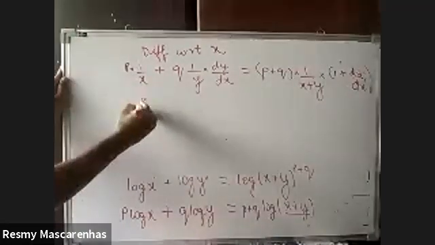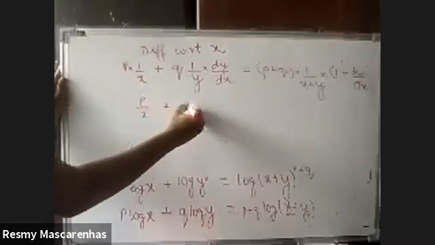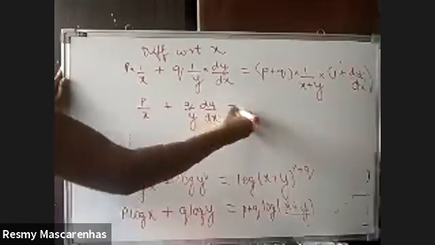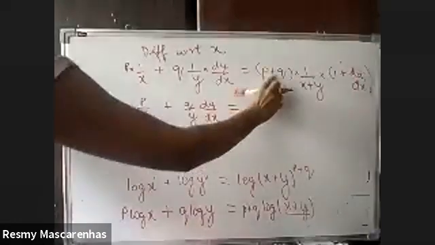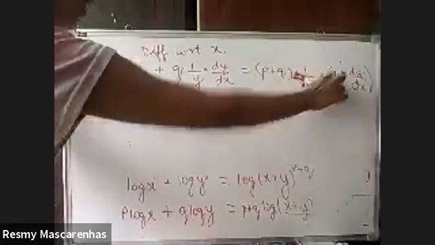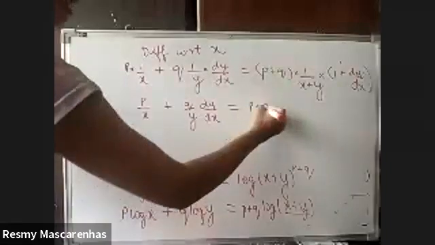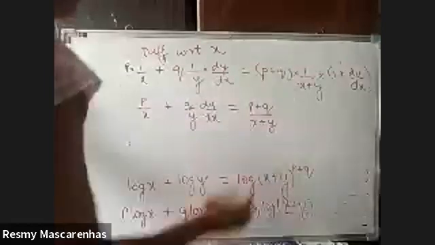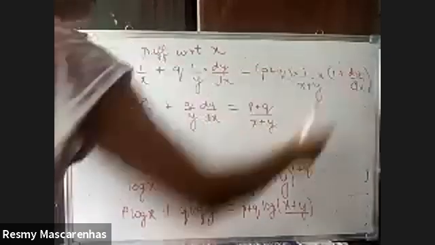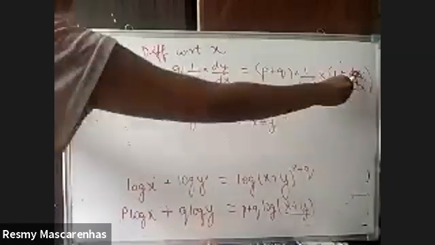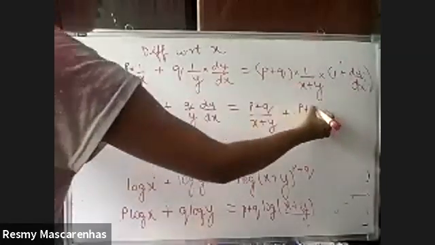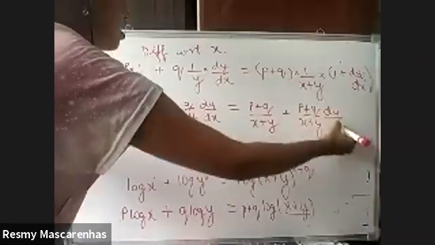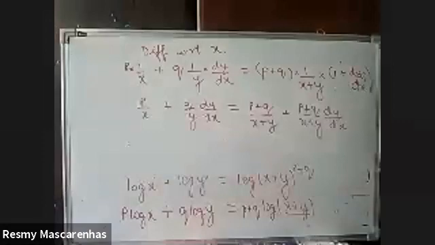So this is p upon x plus q upon y dy by dx is equal to p plus q times 1 upon x plus y. Same way this term will get multiplied to the dy by dx term also. There are two terms in the bracket, so multiply this to both the terms. So this is what you will get.